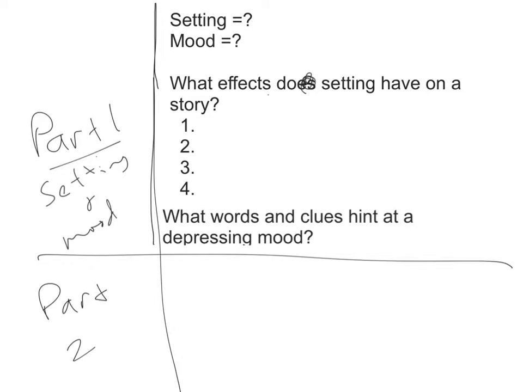Notice that there are 4 effects listed. 1 effect, another, a third, a fourth. What words and clues hint at a depressing mood? And this is going to be in the excerpt that we read, that we do a close reading on. Okay, so take a moment. Set up your notes.